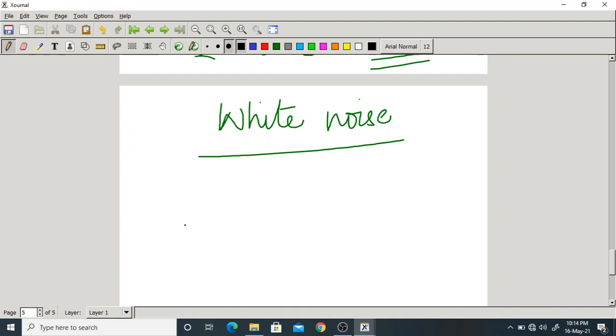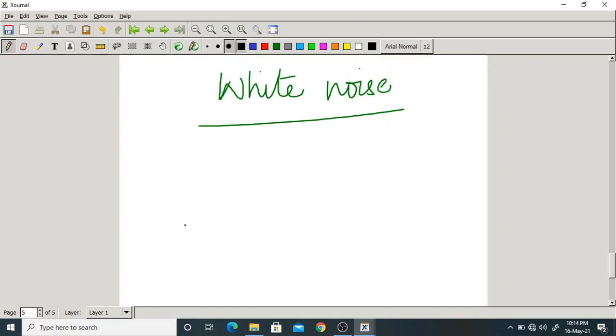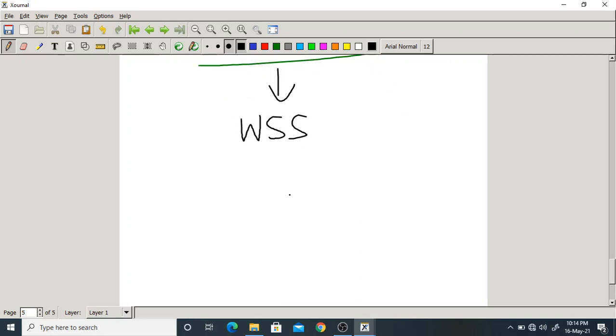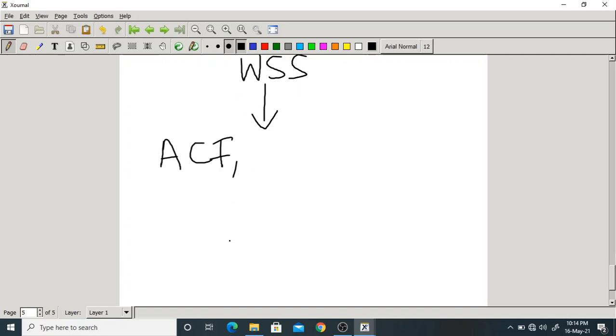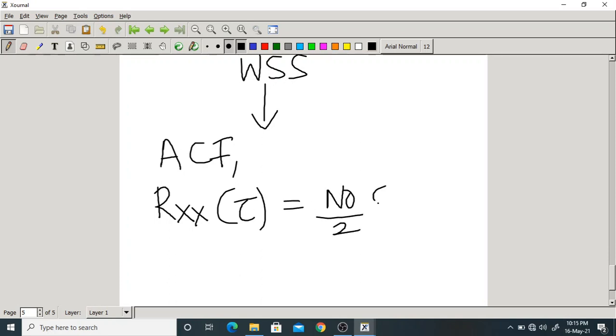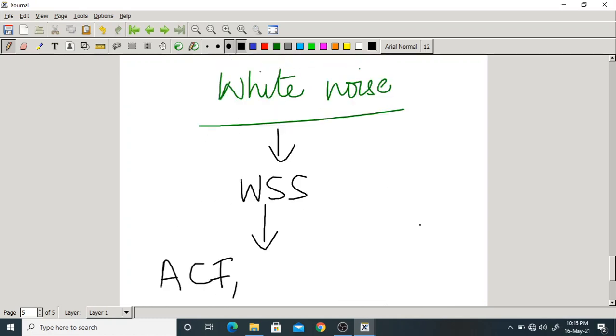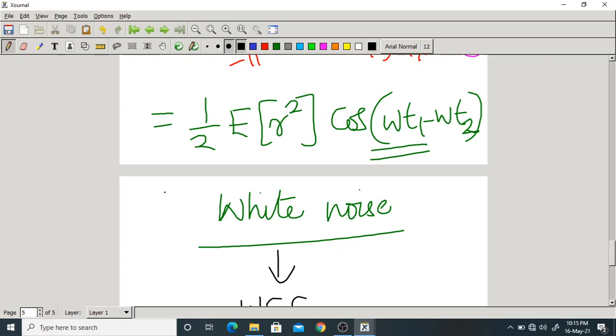Why do we call it white? It should be WSS, which means wide sense stationary, and its ACF, auto correlation function, Rxx of tau, should be equal to N naught by 2 into delta of tau. If the ACF is of this form, then it is called white noise.